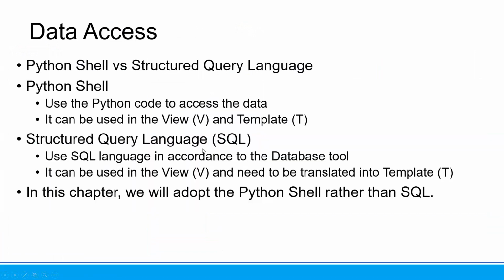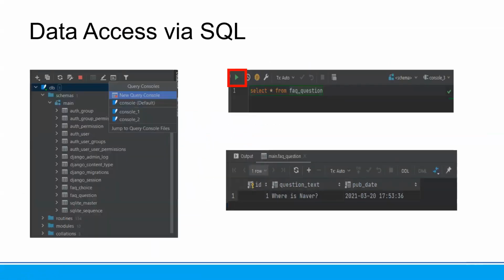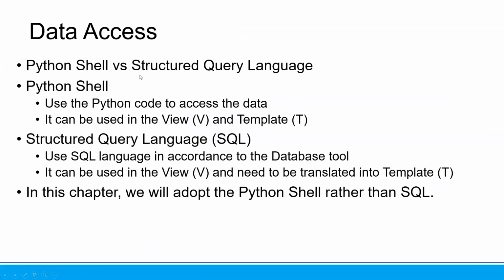Maybe accessing the data is easy by using the table. You can just click and click. But when you are developing your web programming, of course, it's not about clicking. You need to make your code connect your database to the HTML. So we need to know SQL, or the structured query language.